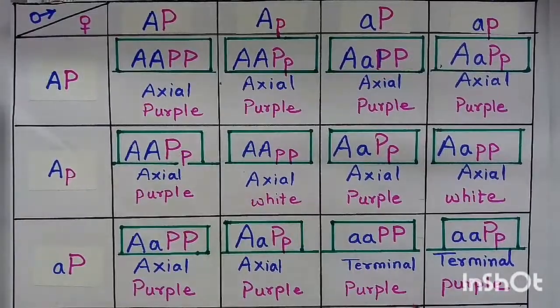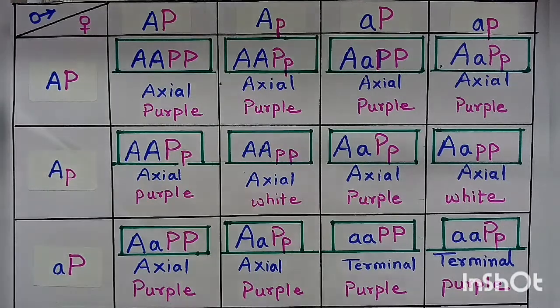Now the next thing is, based on this checkerboard, we have to calculate the phenotypic and the genotypic ratio. For a dihybrid cross, we get 4 different types of progenies. So we just have to calculate the number of the progenies that we have got. Now let's see how many axial and purple color flowers are present.